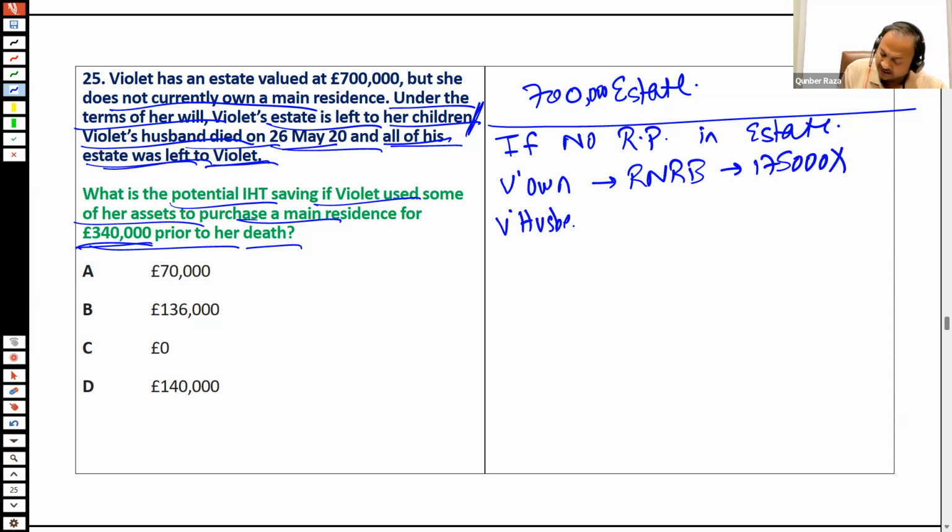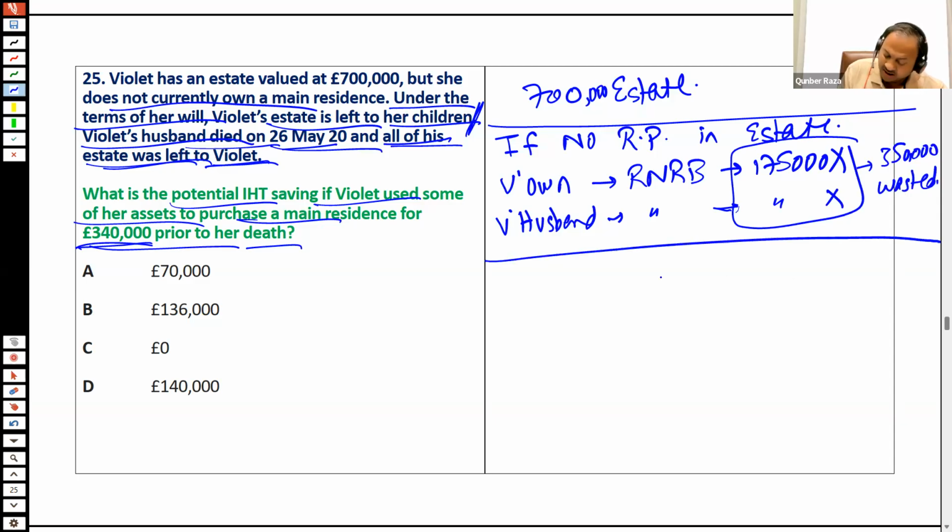Violet's husband's RNRB of 175 would not be available, right? As a result, can I say on a combined basis 350,000 of RNRB would be wasted, right?